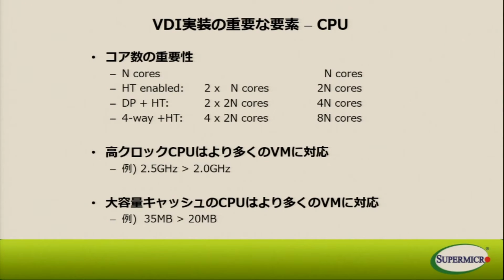If you turn on hyper-threading, you have double the number of cores in a processor. And if you have a dual processor, then you have another doubling of cores in the system. And sometimes you could consider using four-way, meaning four physical processors inside a system. So you can have 4 times the cores in a system.